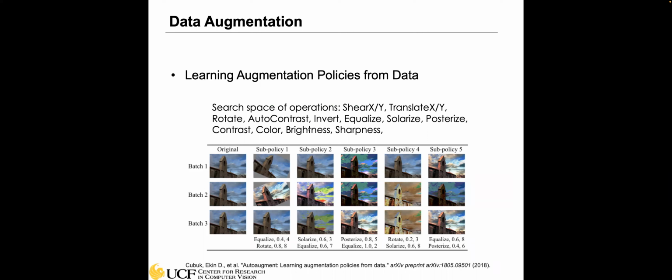So this paper uses a reinforcement learning method, trying to learn a policy to apply these different operations in such an order that the augmented image will give you the best benefit or improve the model generalization capability.